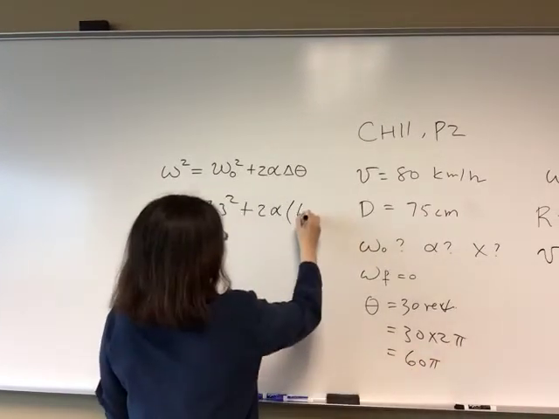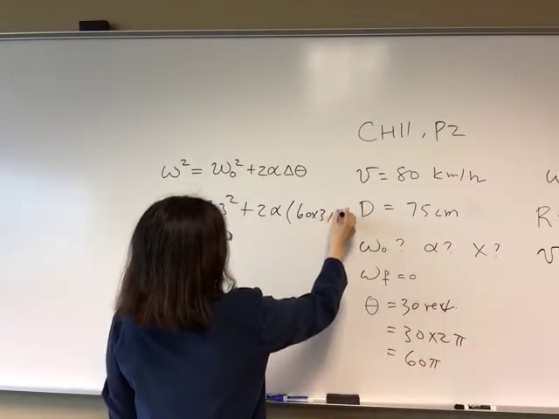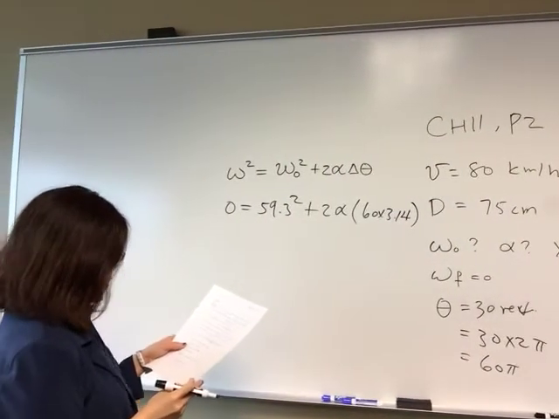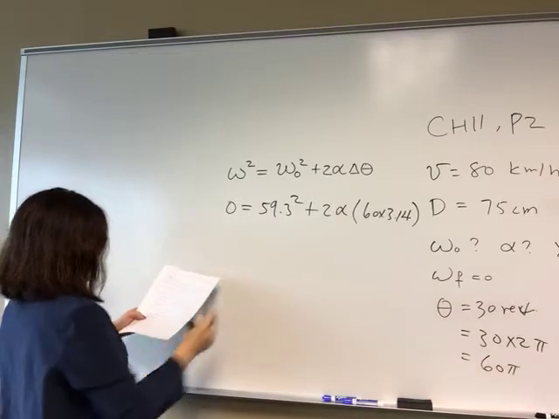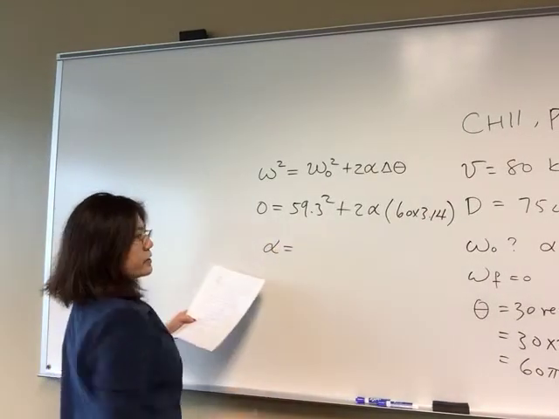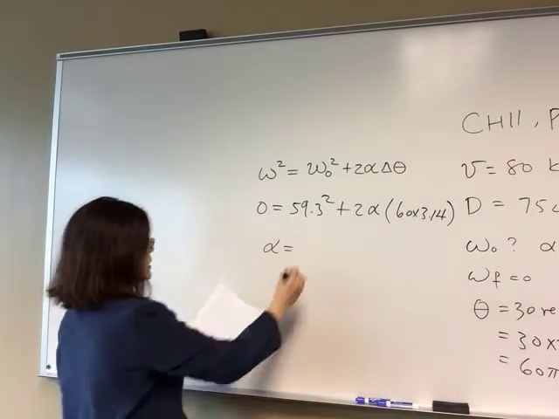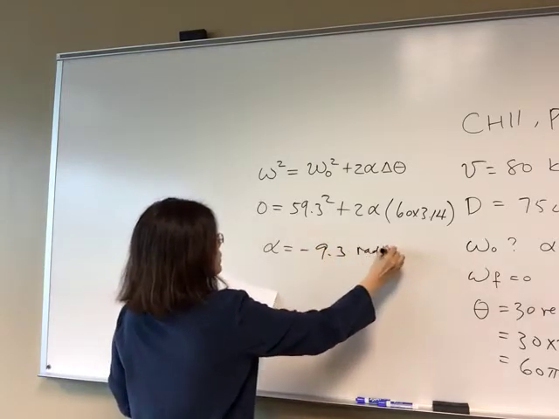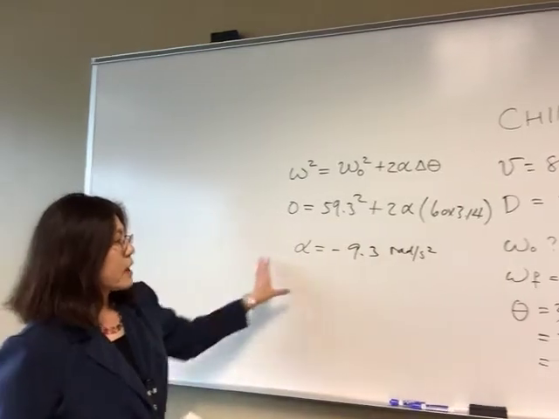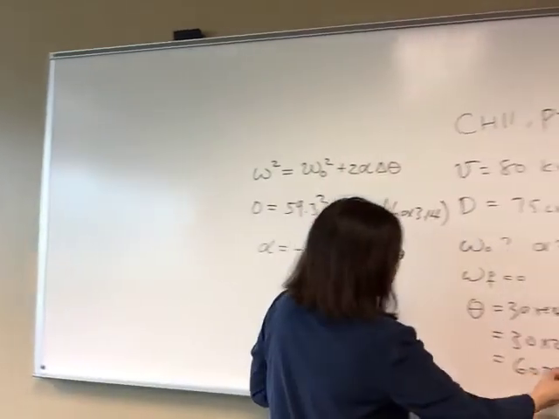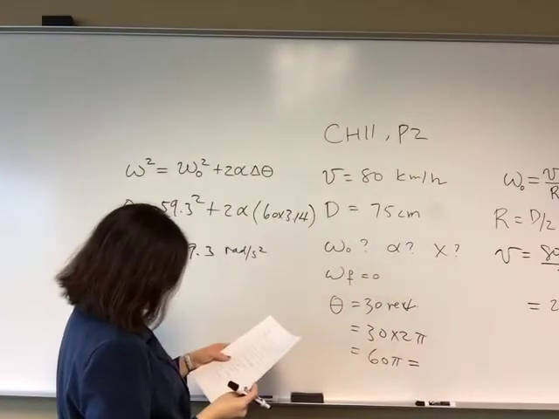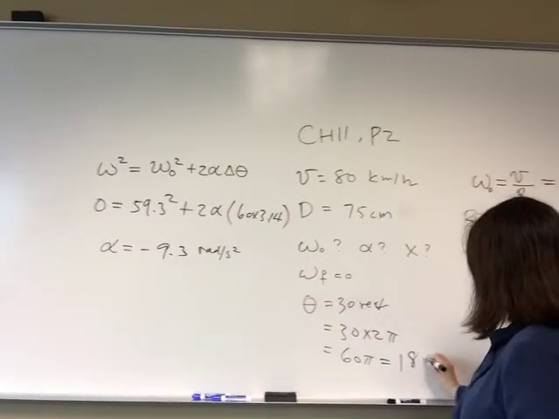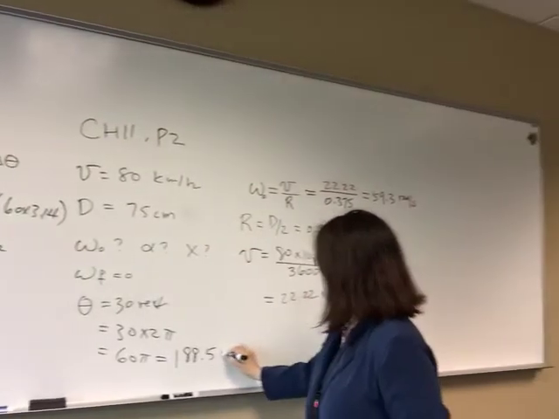After you plug in these numbers, you should get alpha, which is negative because you were asked to slow it down. So your alpha is negative 9.3 radians per second squared. That's basically how you do it. Now the theta, if you multiply it out, you should get 188.5, and that's in radians.